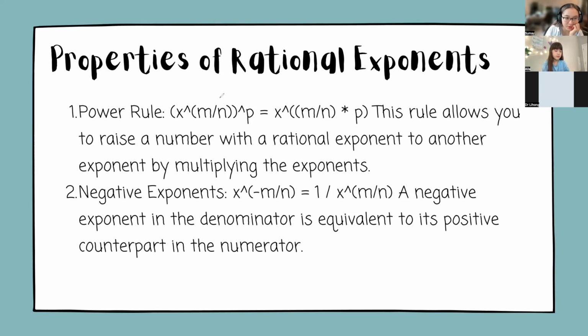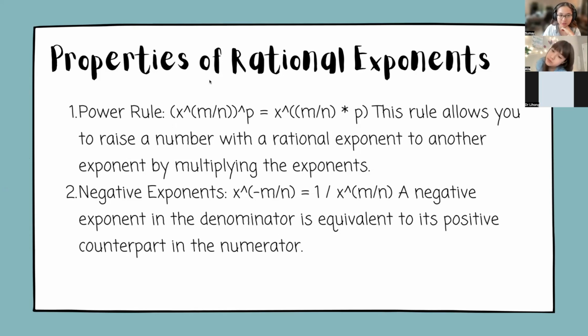But yes, the same rule applies if the numbers are fractions. So the next one is the power rule, which means a power of an exponent. This is when you're raising an exponent to an exponent.